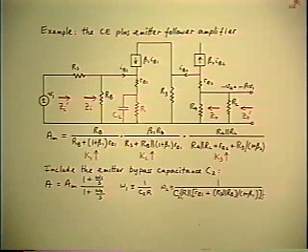So this is a good opportunity now to use the extra element theorem again to put the capacitor in. Since we've done this problem before, in fact twice, we'll do it a third time, again using a slightly different approach.